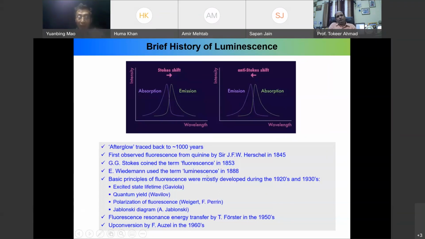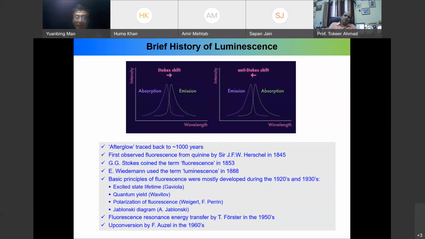So you see, slowly, in the 1920s and 1930s, the basic principles of fluorescence were mostly developed. By that time, about 100 years ago, luminescence slowly started to become a science, right?